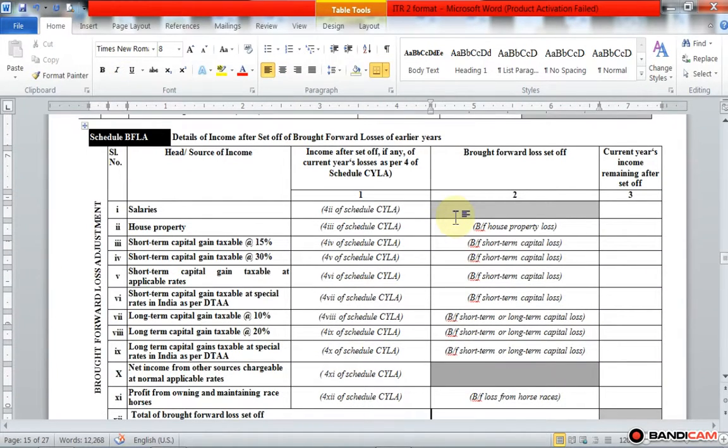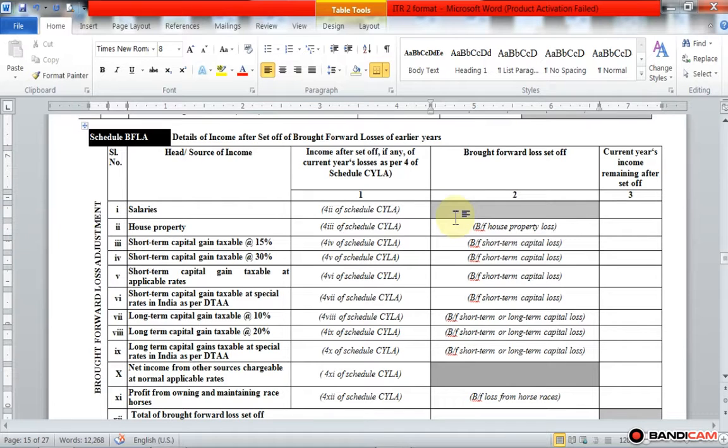Then Schedule BFLA, details of income after set off of brought forward losses of earlier years. It means first of all we try to set off the losses against the current year's income. If the losses are not set off against the current year's income, then we carry forward these losses to the next year.